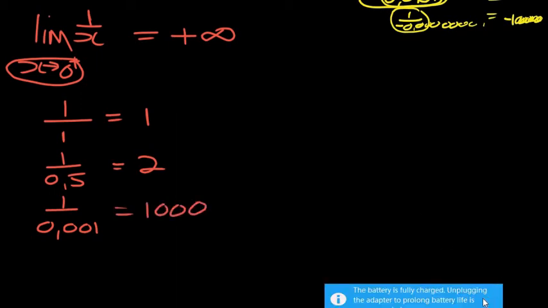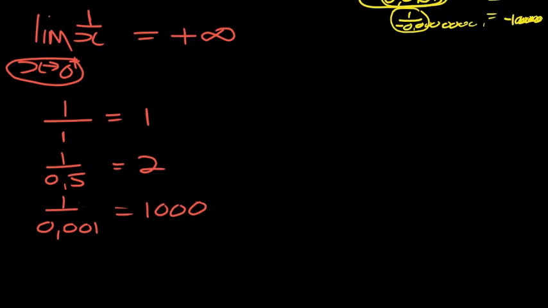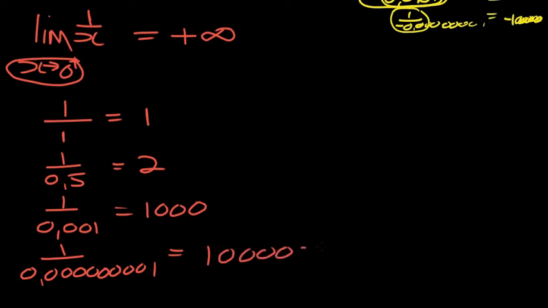But you see, it's already becoming larger and larger and larger. Okay, and now let's say you have 1 divided by a very small positive number. Then you will have a very large number.